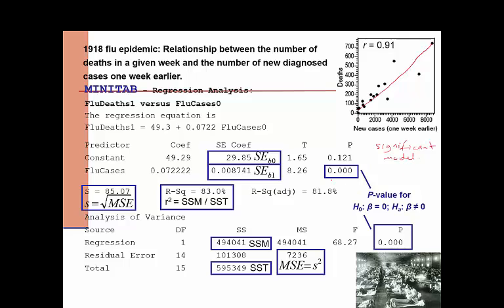There's a slope because you rejected the null hypothesis on the slope being 0, so the slope is not 0. So there is a slope on that line, and I can use this model right here to predict the flu deaths based on flu cases. Pretty cool, right?